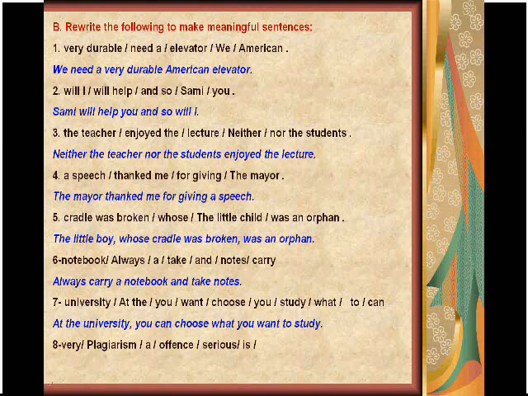Excellent. Number 8. "Very plagiarism a offense serious is." And I think you know the meaning of the word plagiarism because this came in your book, okay? Plagiarism means when you write a report or you just write something and you take the words of others and you say that these are your own words, okay?